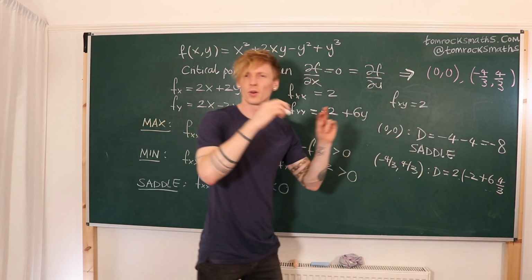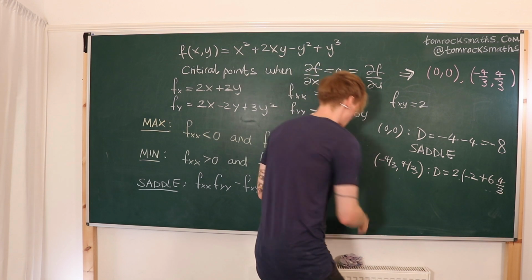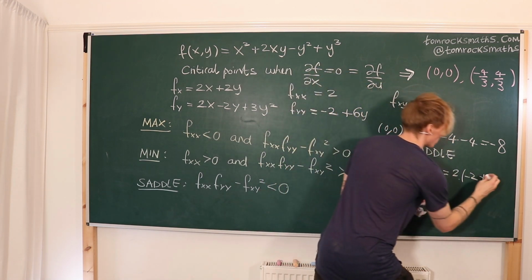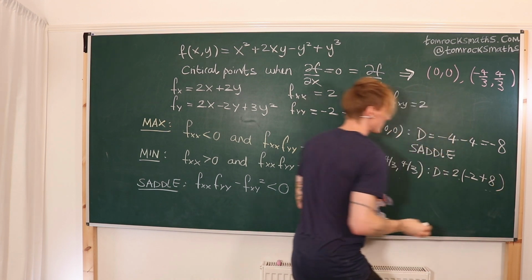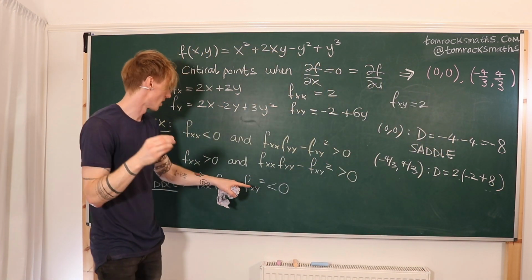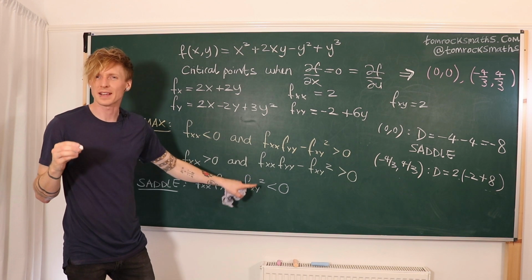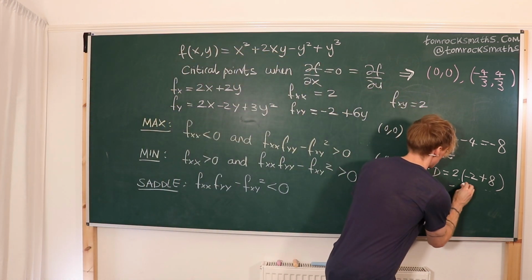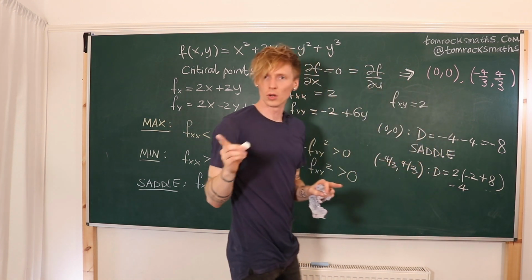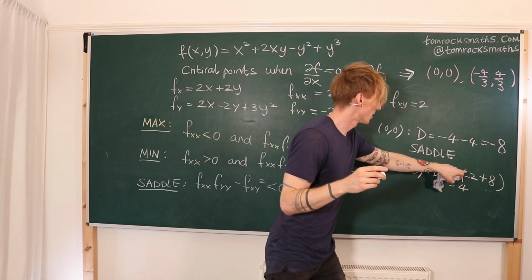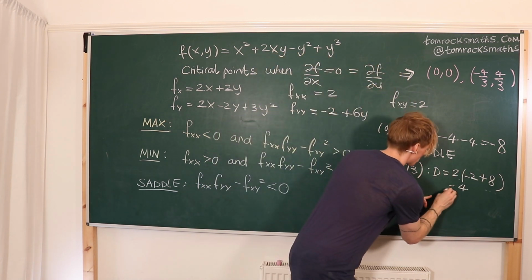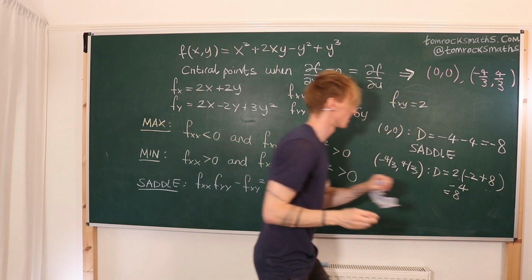So 6 times 4/3, I believe, should be 8. The 6 cancels with the 3 to give a 2, and 2 times 4 is 8. And then we also have to subtract off fxy squared. So that's again minus another 4. So overall, we've got 2 times 6 is 12, minus 4, so this one has discriminant 8.